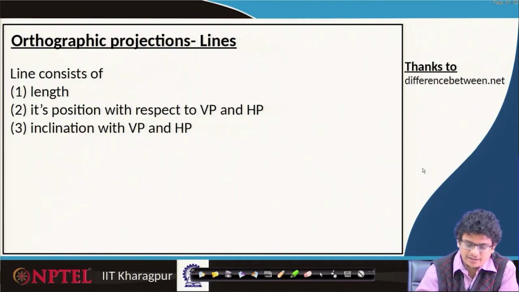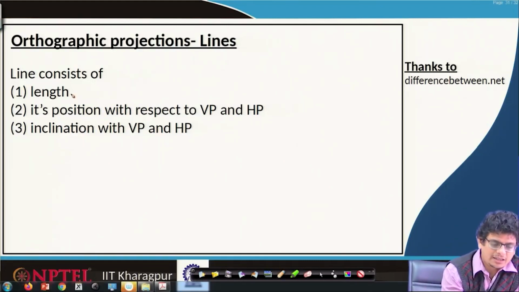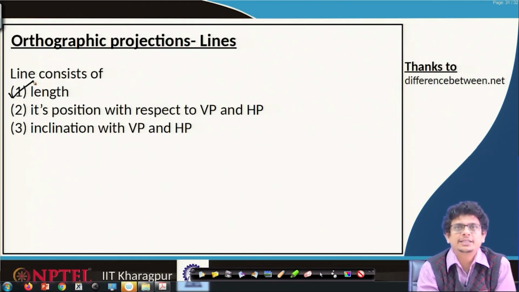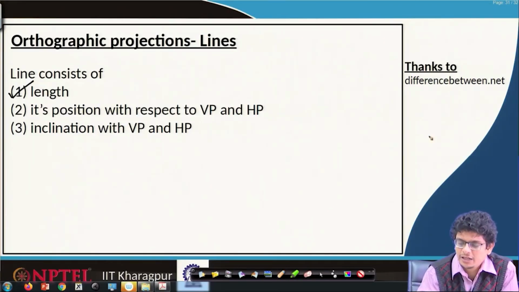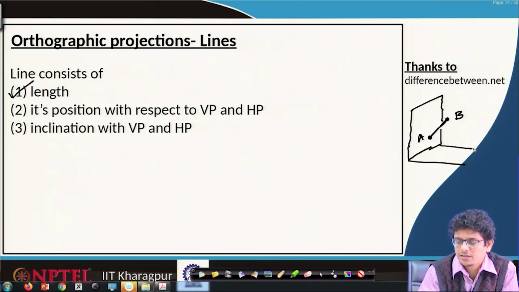To represent a line, we require length, something like 2 centimeters, 20 mm and so on. Its position with respect to the vertical plane and also the horizontal plane is required. For example, if I am representing a line AB, it is not only the length, but with respect to a reference plane, in this case maybe the vertical plane, where exactly A goes, where exactly B goes.